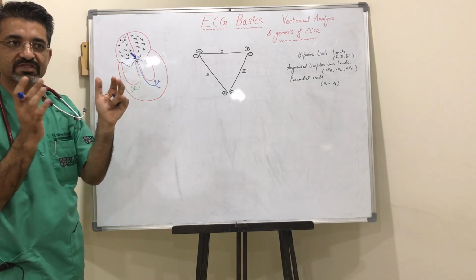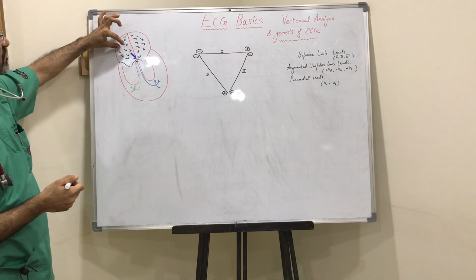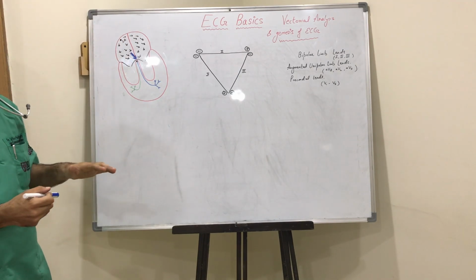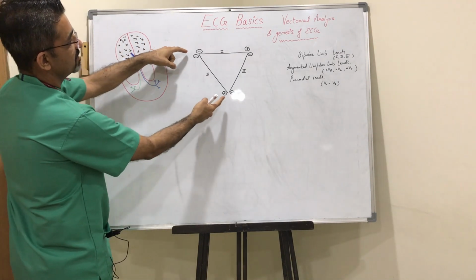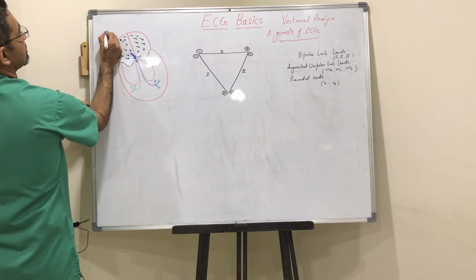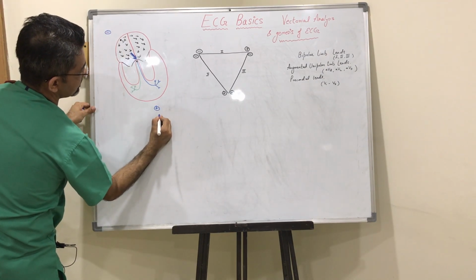When I summate those, what I find is that the majority of the electrical energy is directed towards the AV node. So you have to imagine that this lead is here, minus and plus. The "I" is looking from behind. This is my I.